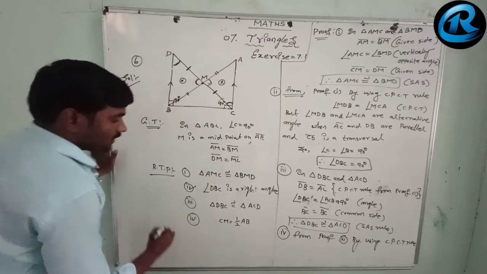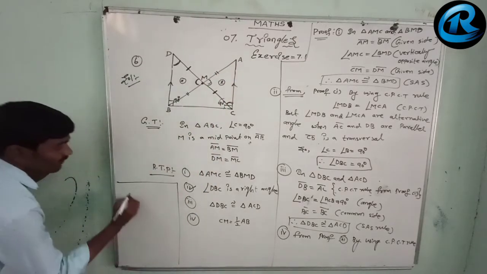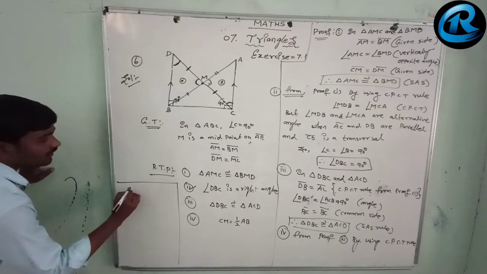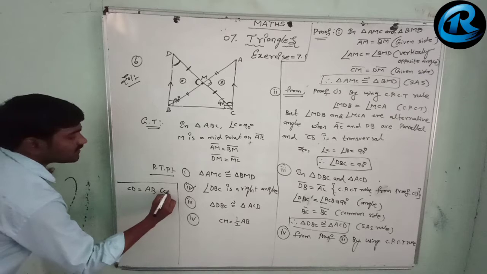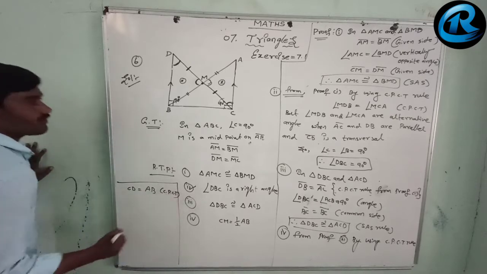I will write by the CPCT rule, here CD equal to AB.